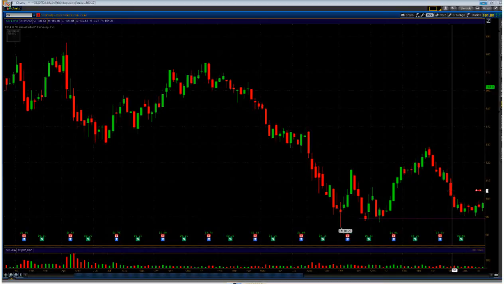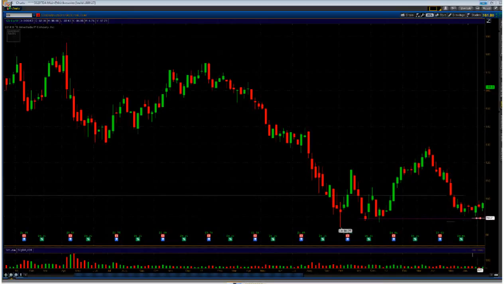Now, because I round up on the $100 share price, I'm going to round up to 90 bucks. If I paid $100, it stopped out at $90 a share, what is my loss percentage? 10%. Good job.